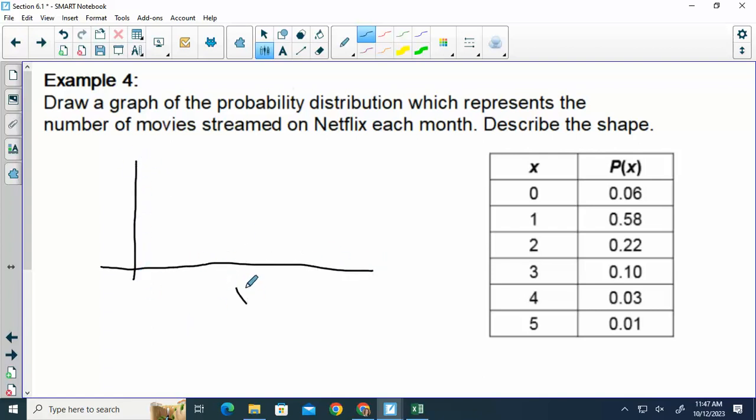So I have my x's, which is movies in this case. And my y is my probability. So I'm going to count by 0.1s.